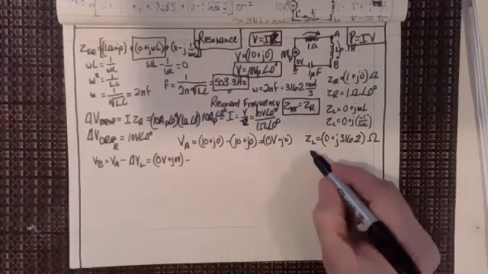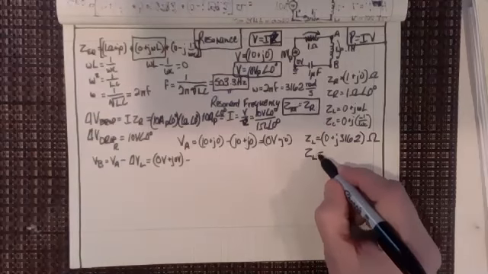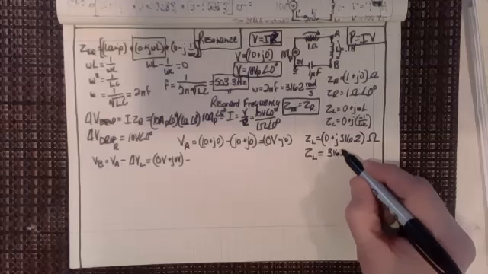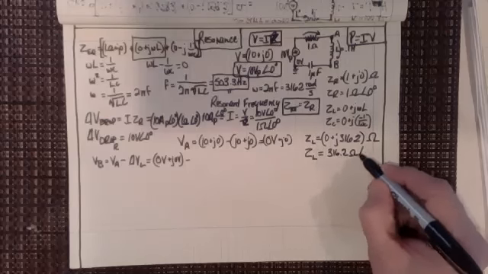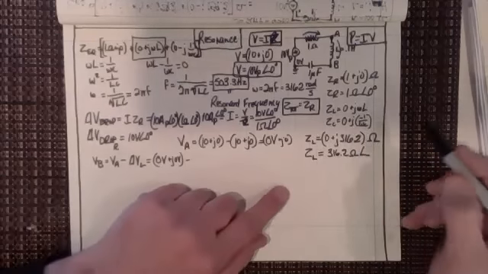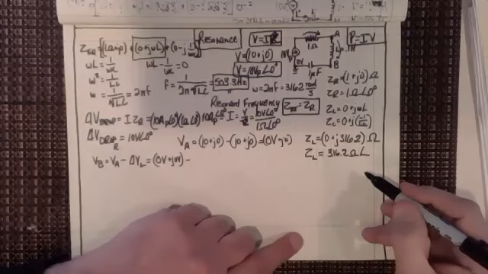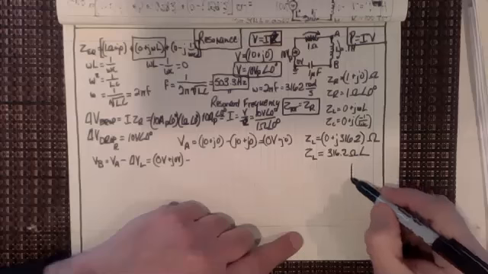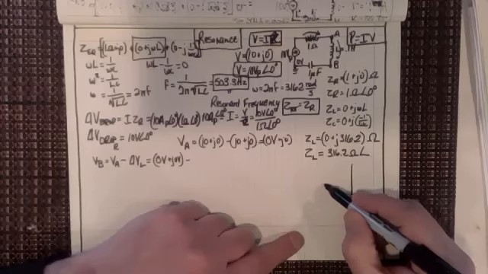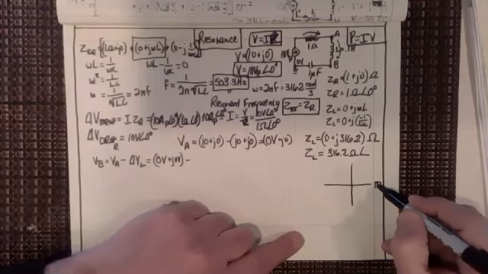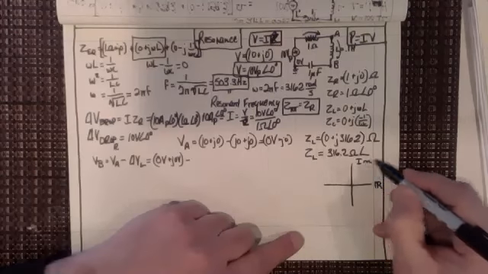316.2. You know, I could write that in its phasor form as well, couldn't I? I could say that that's 316.2 ohms at an angle of, now look at it, do I have to draw the complex plane again? I can. Here's the complex plane with the reals and the imaginary.